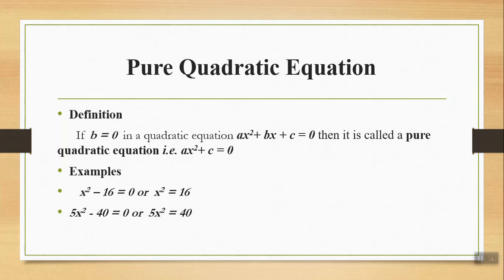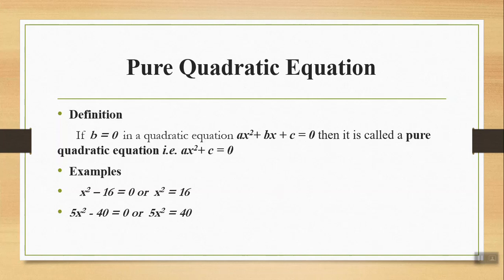It means that a pure quadratic equation can be obtained from the standard quadratic equation. We just have to put 0 in place of the second value, which is b, so the bx term becomes 0, and it is of the form ax square plus c equals to 0. Here you can see that there is no b value in that expression.